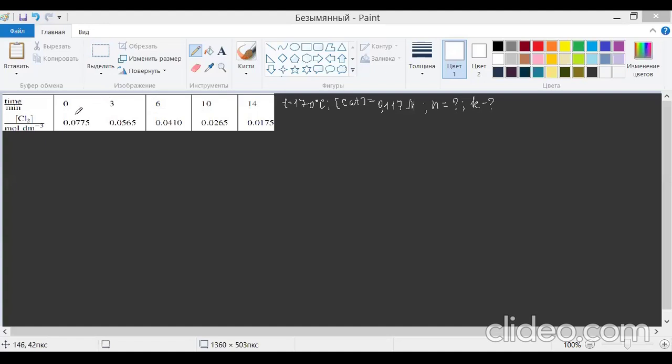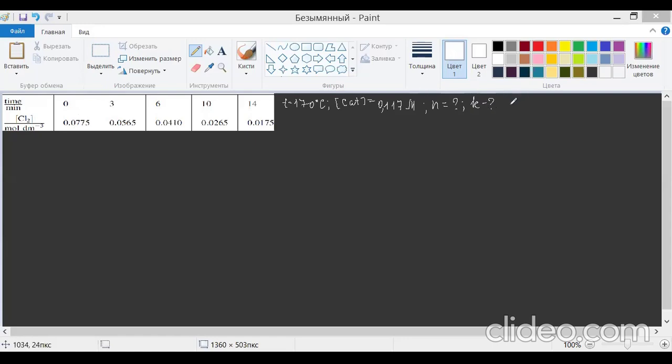Here it is. So we can see the dependence of the concentration of molecular chlorine in time. They ask us to determine the order of this reaction and to calculate the rate constant. So let's do that.